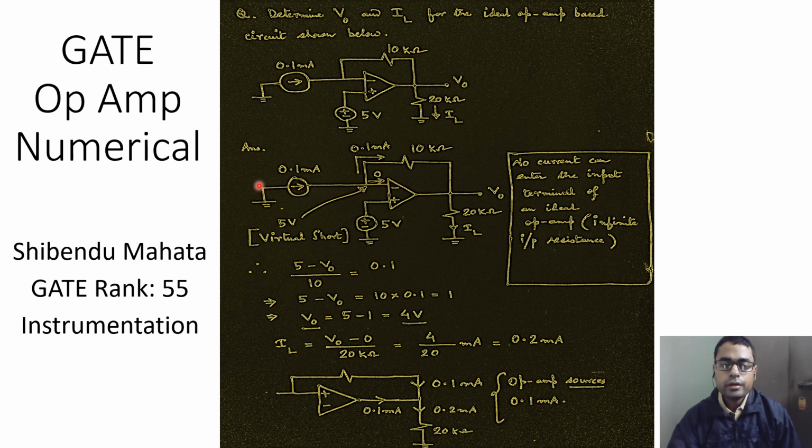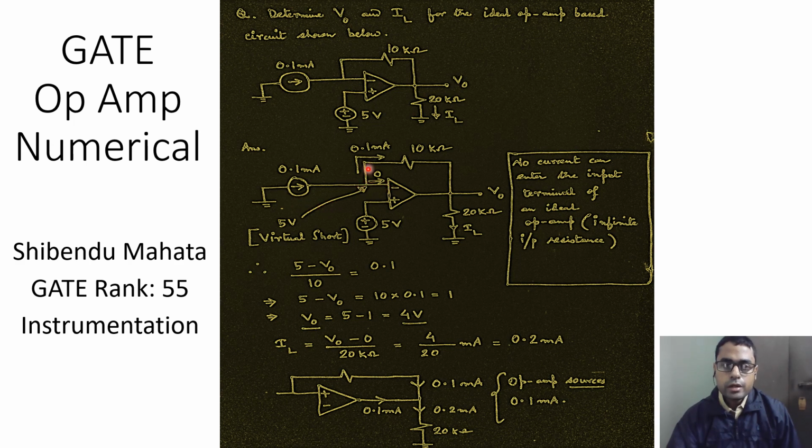So whatever current is flowing through this branch, 0.1 milliampere, the entire current will flow through this 10 kilo ohm resistance. The input terminal of the op amp offers infinite input resistance, and therefore you have zero current entering the input terminal of the op amp.